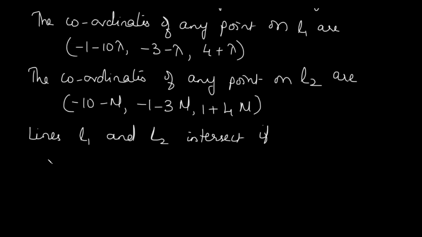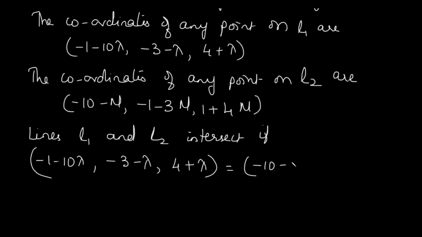So lines L1 and L2 intersect if the first set of coordinates, minus 1 minus 10 lambda, minus 3 minus lambda, and 4 plus lambda, is exactly equal to the second set of coordinates. That means we have to have minus 1 minus 10 lambda equal to minus 10 minus mu.